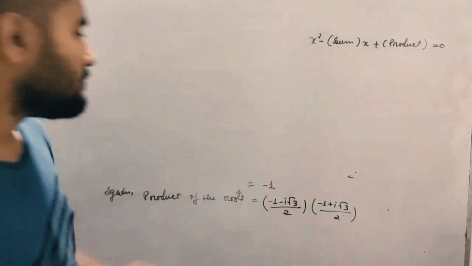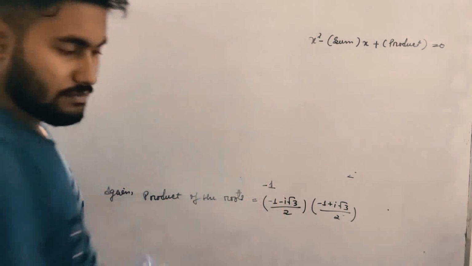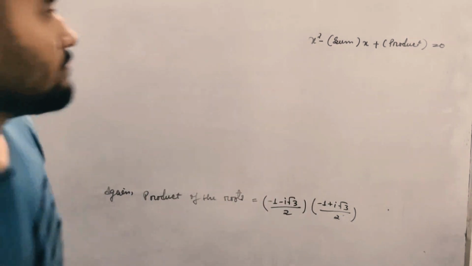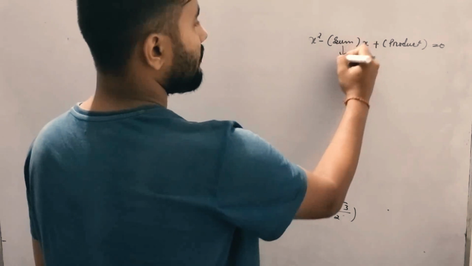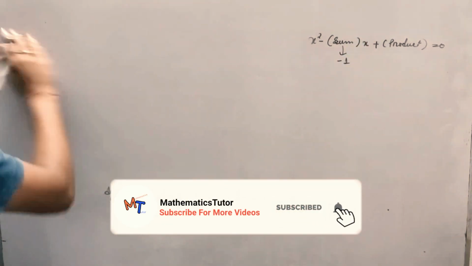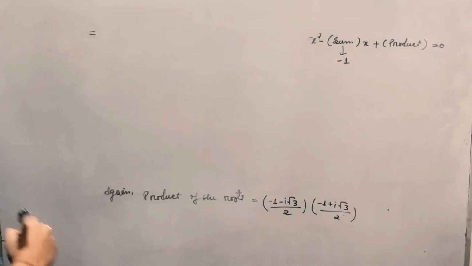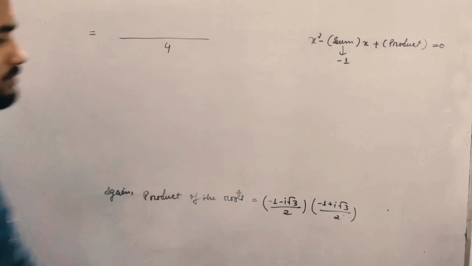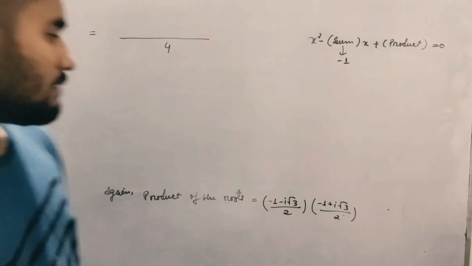Okay, the sum of the roots is how much? Minus 1. Remember this one, I am going to use it. Now if I solve this one, it will be equal to 2 twos are 4 in the denominator. Always a square minus b square will take place whenever you are multiplying conjugates.